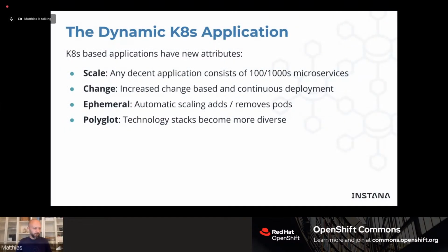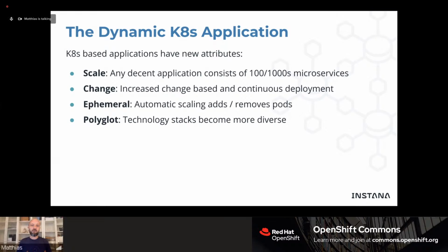So if we take a step back and look at what a Kubernetes application actually introduces, it's quite a few new attributes that make these things really challenging. First of all, we've talked about microservices-based applications before, but to be honest, that hasn't been at the scale I've seen with Kubernetes.